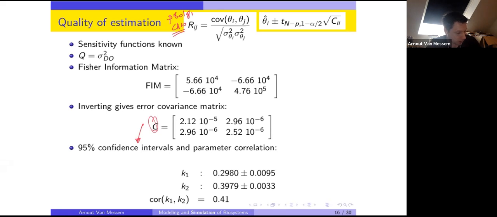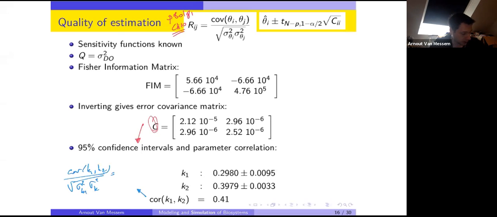For the correlation, which is easiest, to calculate this one, what you need is the covariance between both of them divided by each of the standard deviations, so by the root of the variances. These you simply find in your covariance matrix.